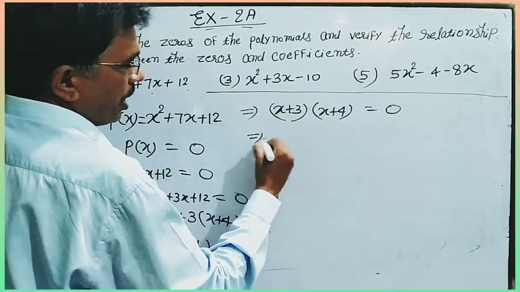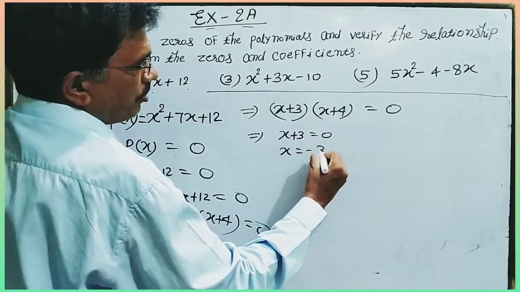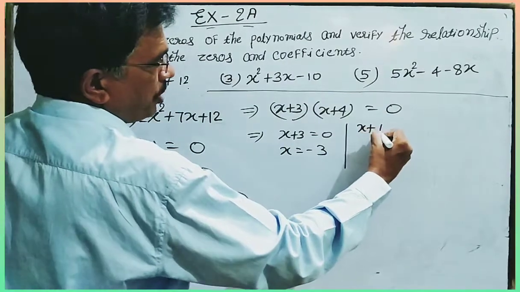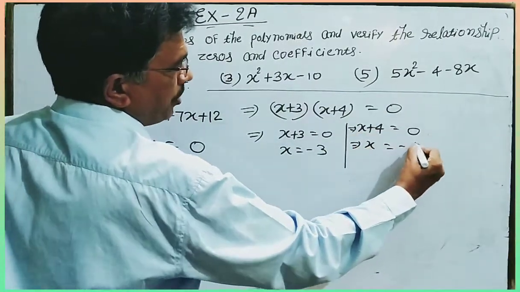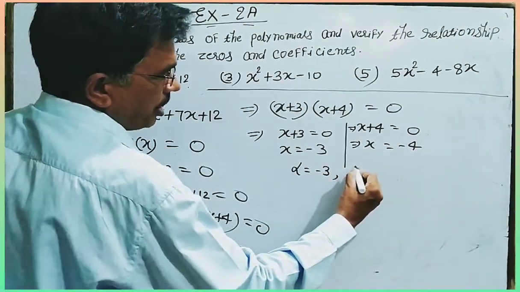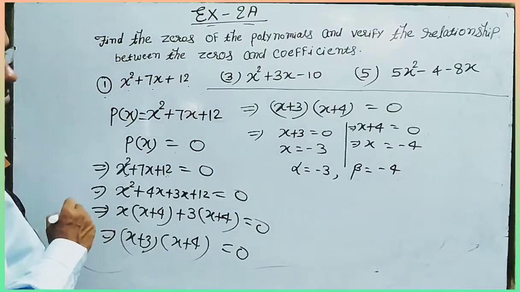Separately find the zeros: x plus 3 is equal to 0, then x is equal to minus 3. Similarly, x plus 4 is equal to 0, then x is equal to minus 4. That means alpha is equal to minus 3 and beta is equal to minus 4. These are the zeros of the quadratic polynomial.